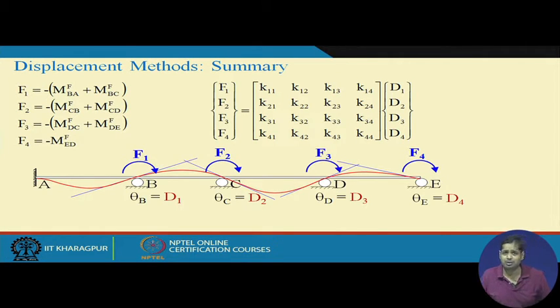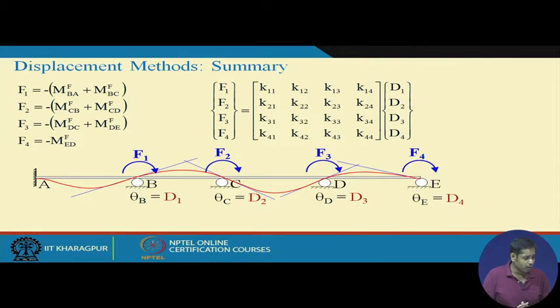Depending on the structure, you can have other degrees of freedom as well. In this problem we have only 4 degrees of freedom, denoted as D1, D2, D3, D4, and the corresponding forces at joints B, C, D, E are F1, F2, F3, F4, which are essentially the total summation of the fixed end moments at a particular joint.